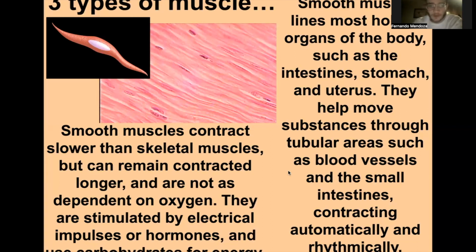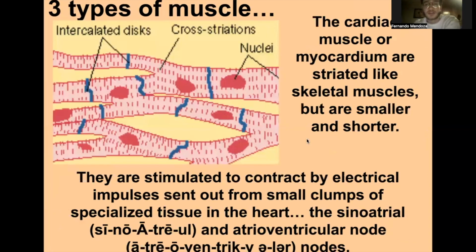But yeah, and the last one is the cardiac muscle or the myocardium. These ones are striated like the skeletal muscles, like we can see on the image. They are striated. It has lines, but they are smaller and shorter, like these ones.